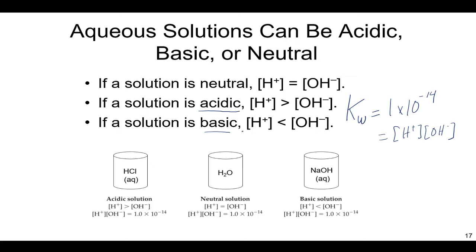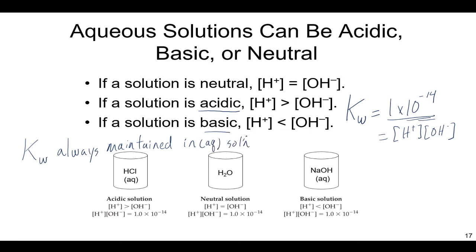That stands to reason. But what's always going to be maintained in these aqueous environments is Kw, right? It's always in equilibrium. This equilibrium value, 1 times 10 to the negative 14, is always maintained in an aqueous solution.